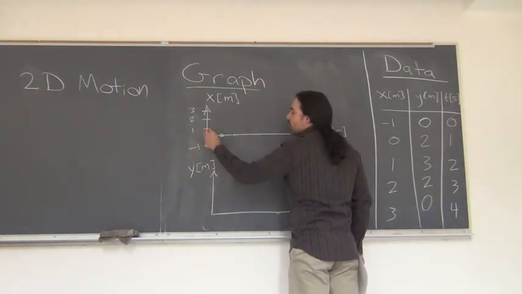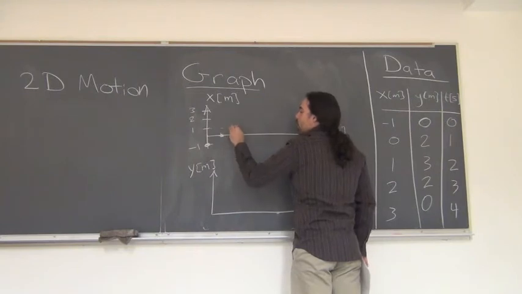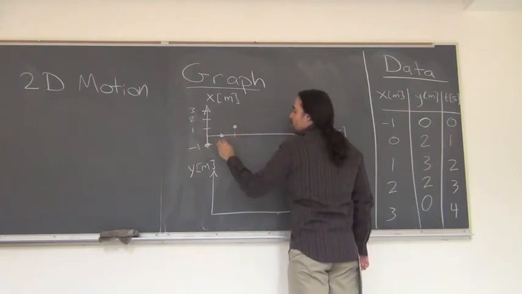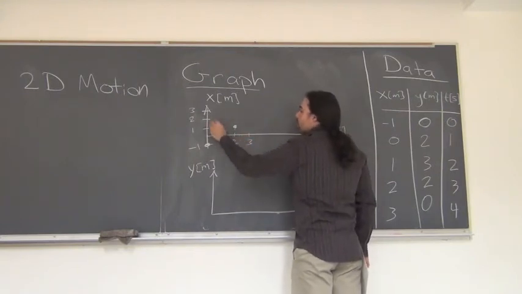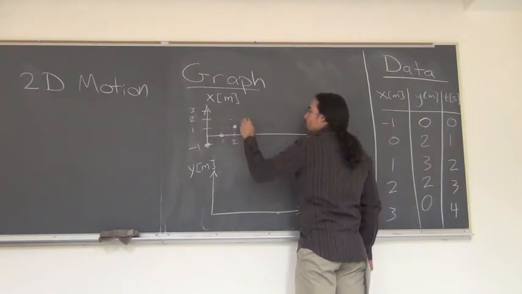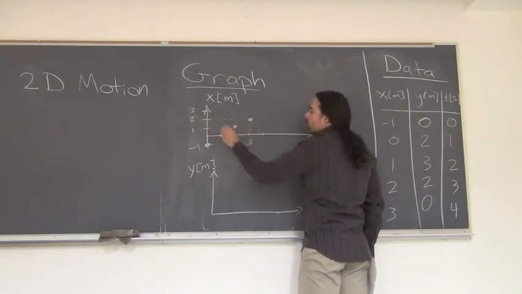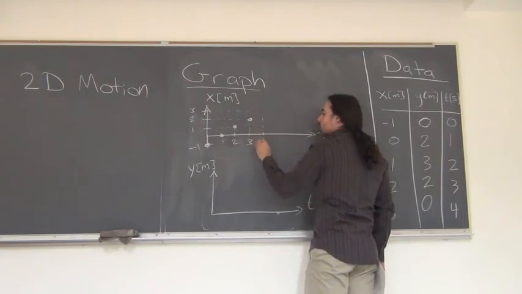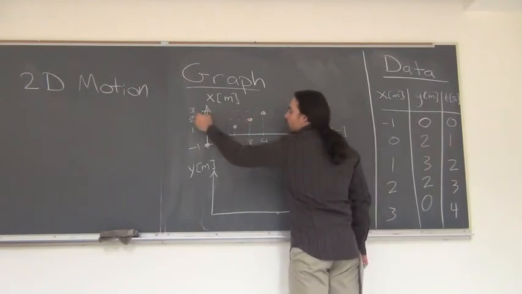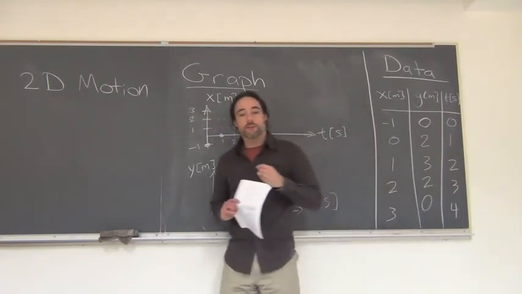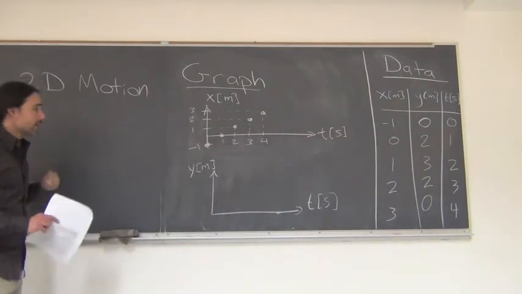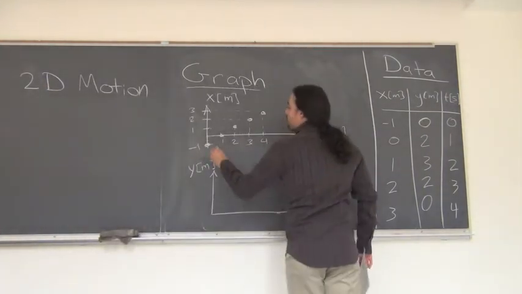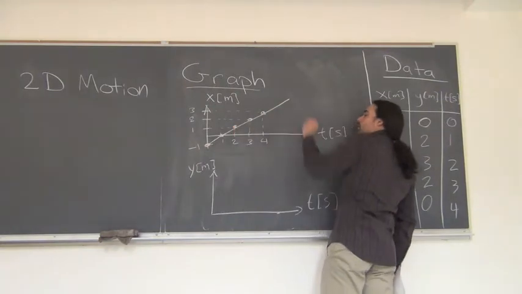After another second, I'm at 1 meter. After 3 seconds, I'm at 2 meters. After 4 seconds, I am at 3 meters, just as I can see from my data table. Much like our one-dimensional graph, this is just going to give a straight line.